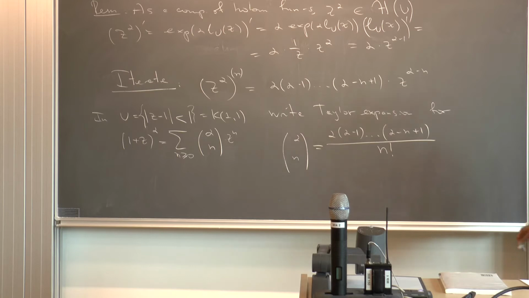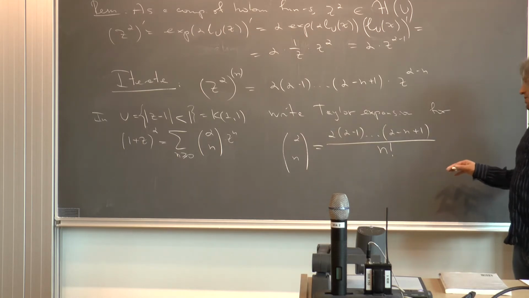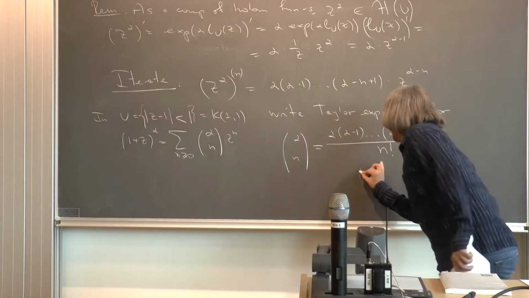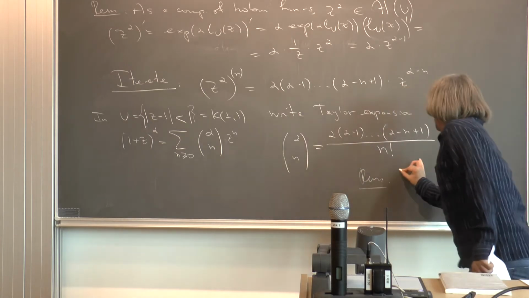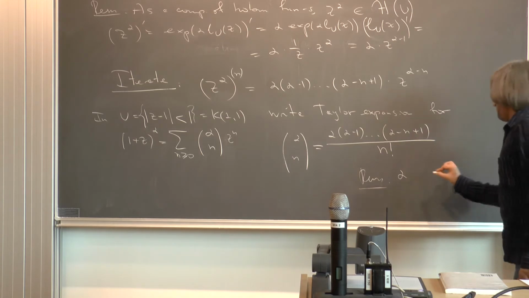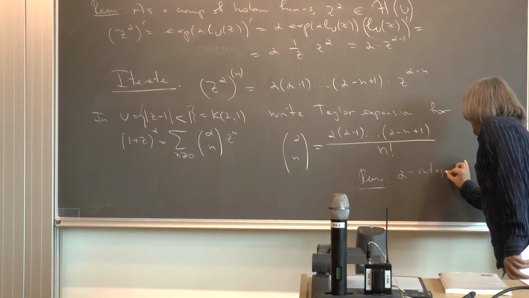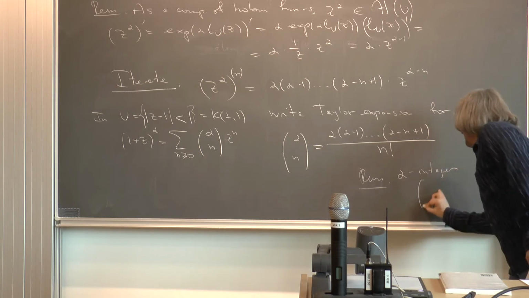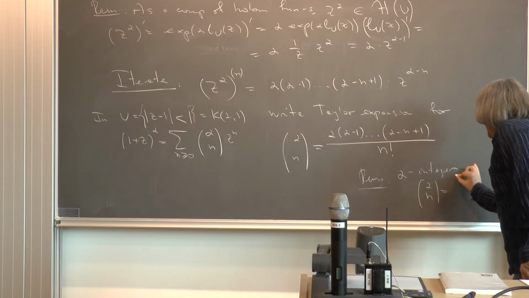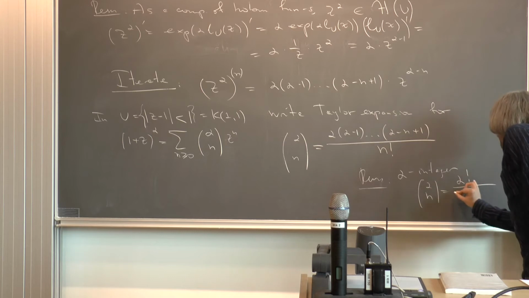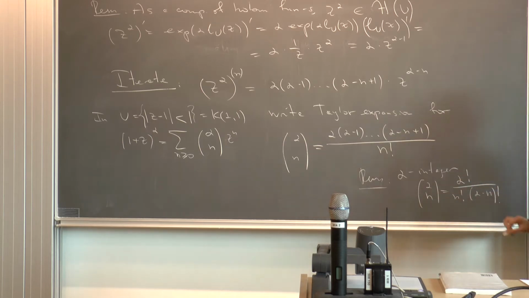So if you think about it, this indeed is a ratio. For alpha an integer, alpha choose n is indeed alpha factorial divided by n factorial times alpha minus n factorial.